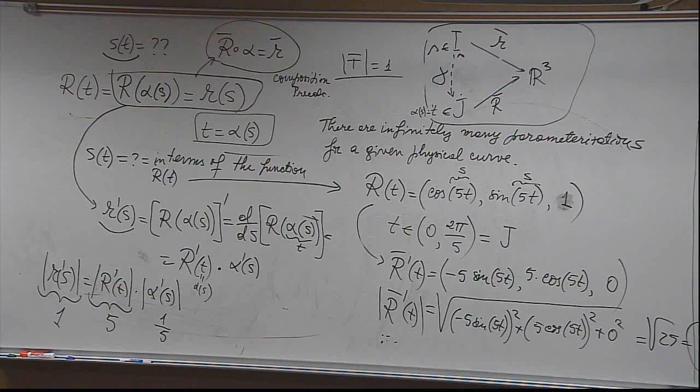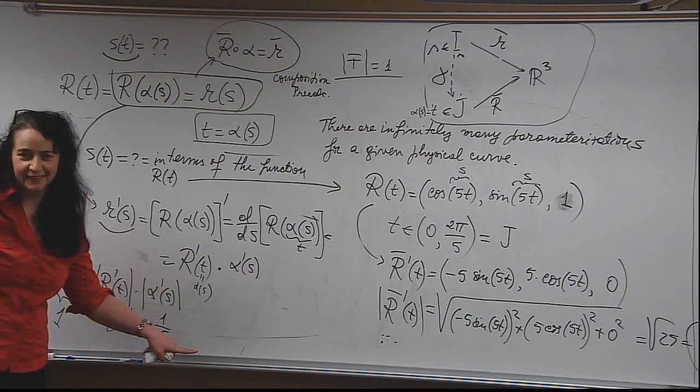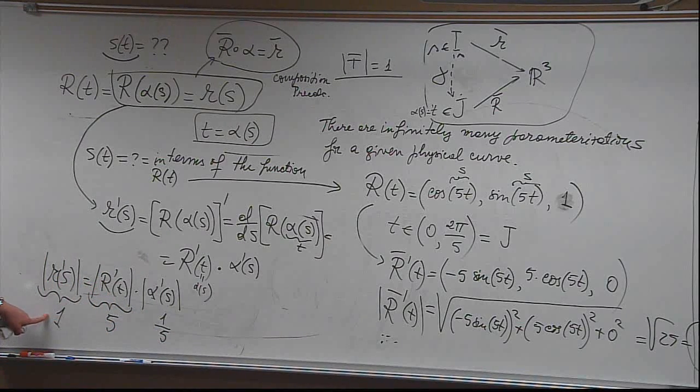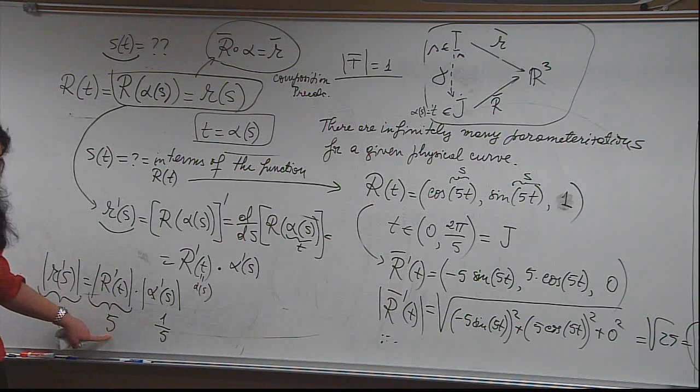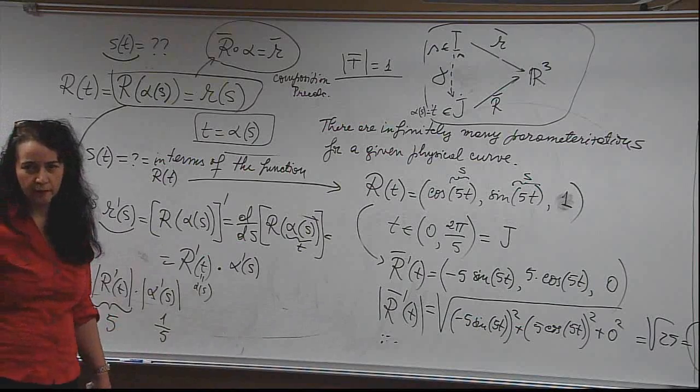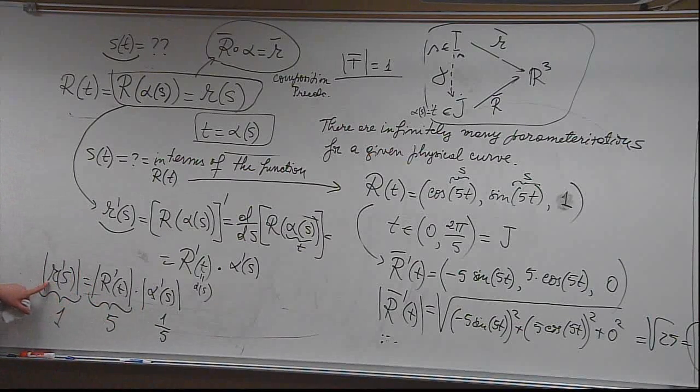How did you get the 1/5 for alpha prime? Because 1 equals 5 times what? 1, which is the arc length speed, equals 5 times what? 1/5. Oh, but then where did you get the 1? That's one way to do it. Oh, this is by definition, because little r means curve in arc length, and little s is the arc length parameter. By definition, that means you get speed 1.